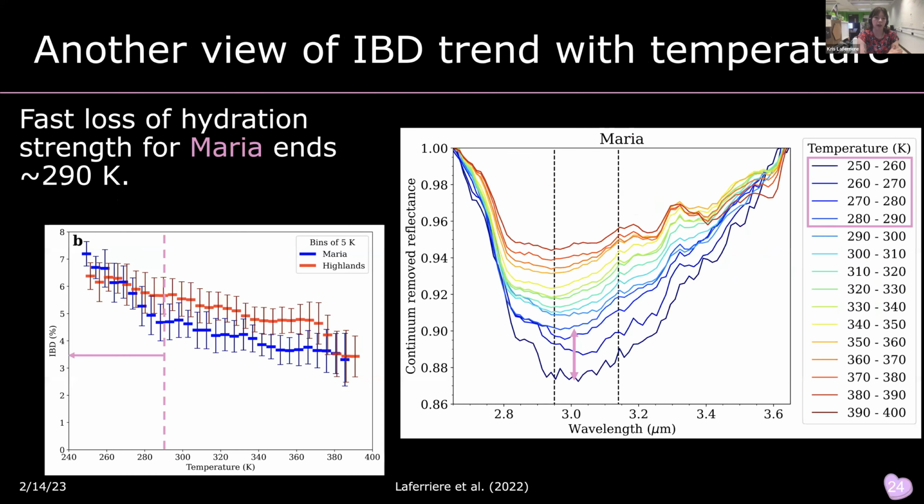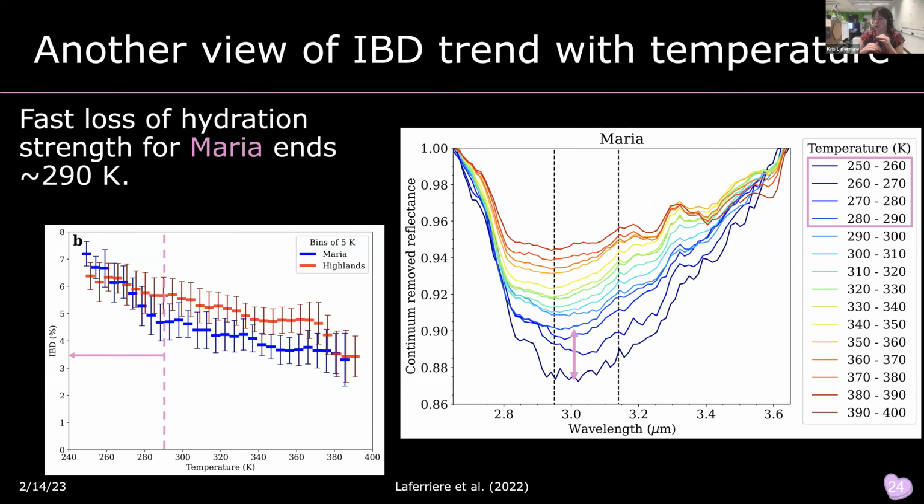This is just another way to view that same trend. This is the Maria data binned into 10 Kelvin bins, and the whole band shape is shown. For the first 4 bins, moving up from the lowest temperatures, these spectra are really spread out.